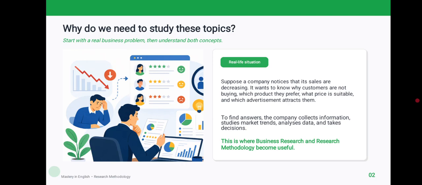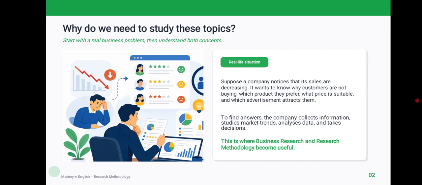They also collect the information from the latest reports from the company, and they also analyze the data after collecting the data and interpret that data by using a statistical tool, and after that come to the findings, and on the basis of findings take decisions for their company, and also find in what way they can resolve the issue in a very easy way on the basis of findings, on the basis of data.